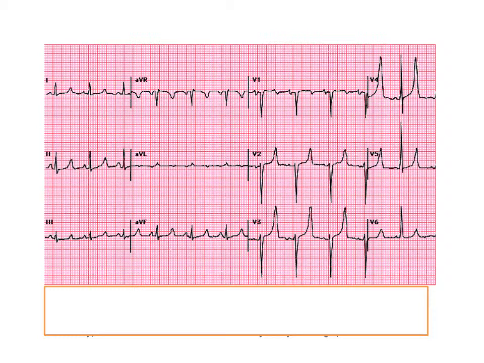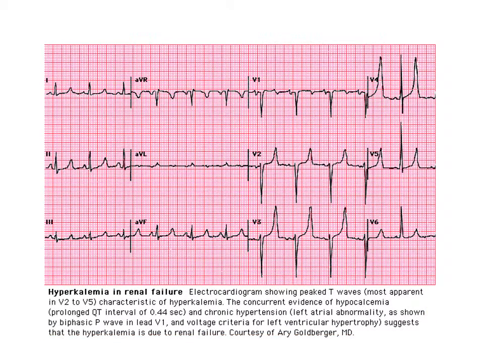And what do we think about peaked T waves? Hyperkalemia, right? So there you go. And this is a case in renal failure. Your kidneys aren't clearing like they should, therefore they don't excrete potassium, therefore you build up potassium, become hyperkalemic, and get really big peaked T waves.